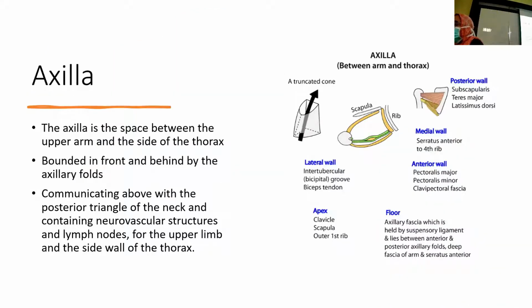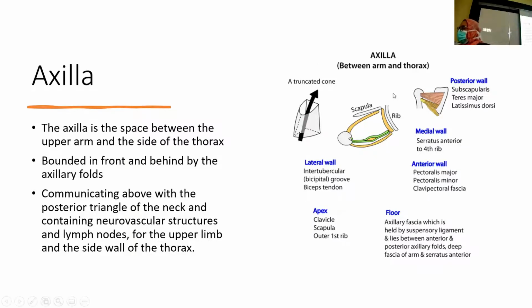So axilla, it's actually a truncated cone. If you go back in your own time and have a feel of the surface and of your axillary boundaries and contents, like I said, it's a truncated cone.